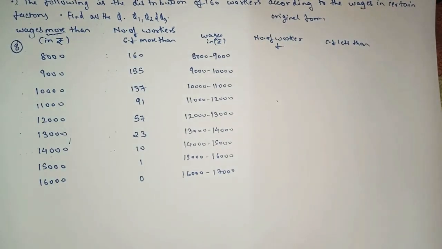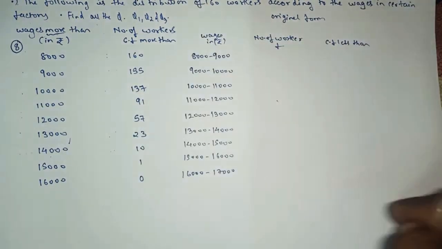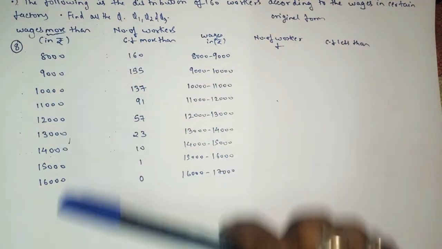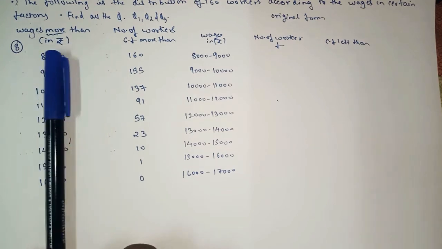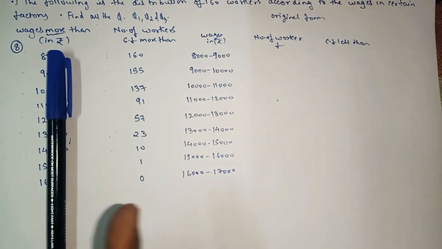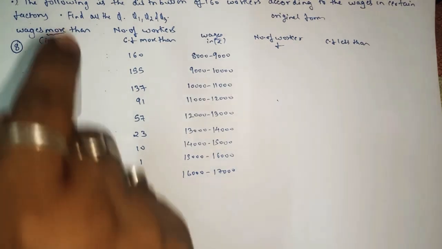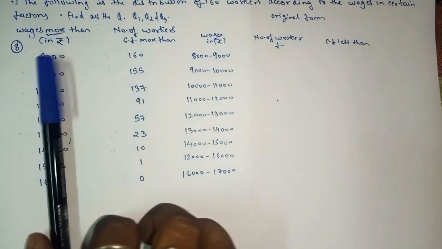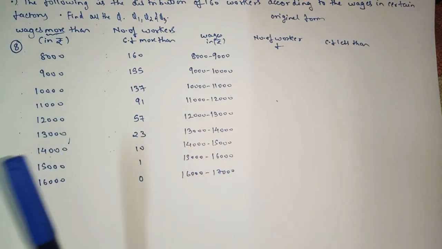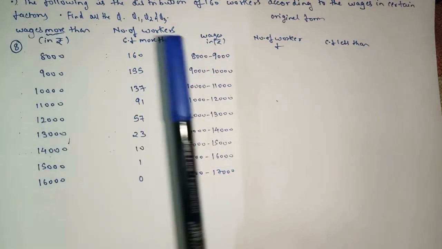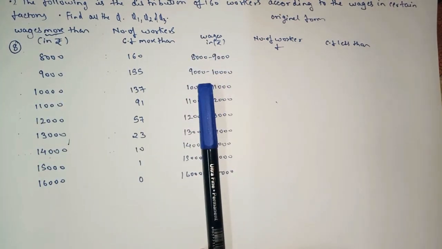I hope you all understood how to frame the original form with respect to the given data. And see to it that the first column is not your class, as whenever the class is mentioned as more than or less than type, the first column is not your class. So you have to create your original class.